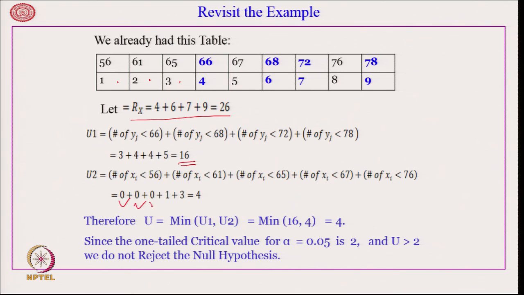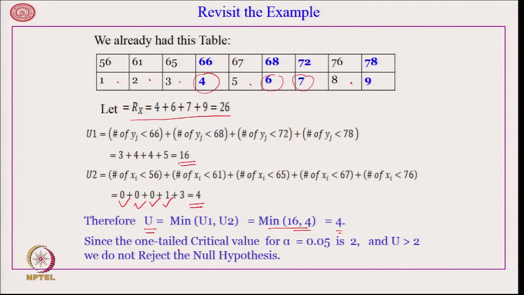Therefore, we got 3 zeros. It is going to be 1 for 67, because there is an x value smaller than this, and this is going to be 3 for 76, as there are 3 x values smaller than this. Therefore, the value of the statistic is 4. Hence, the Mann-Whitney U statistic is equal to the minimum of 16 and 4, which is 4.